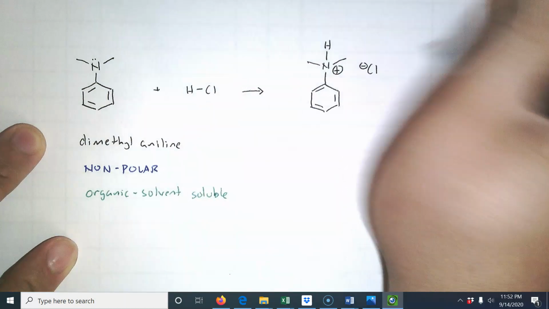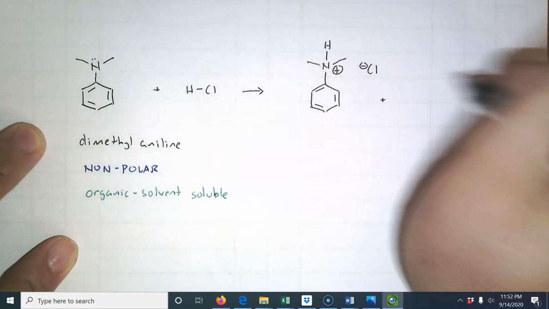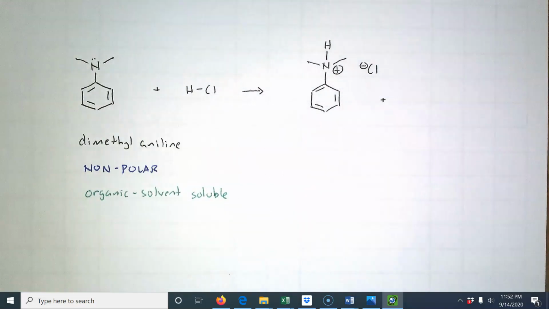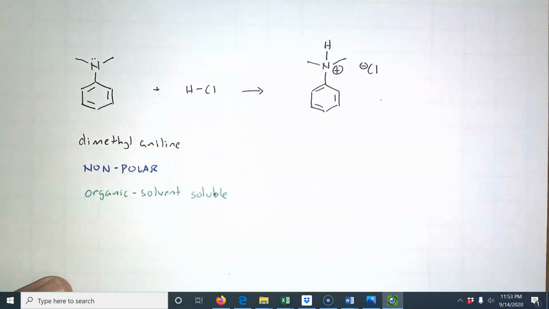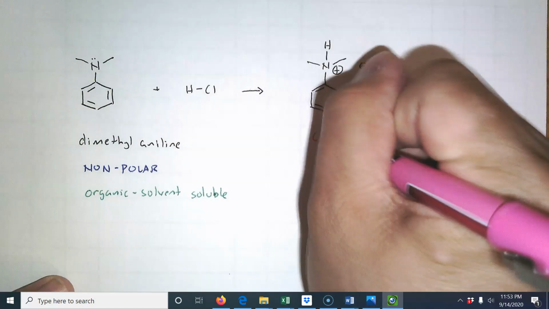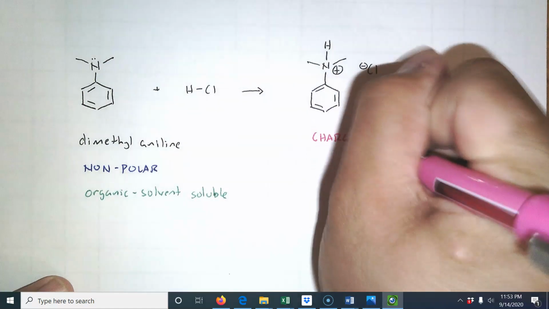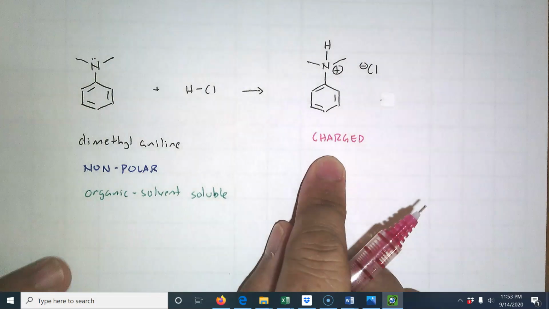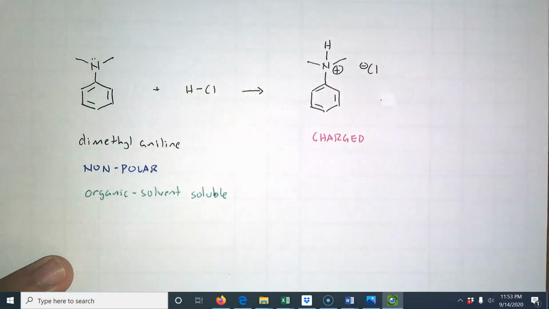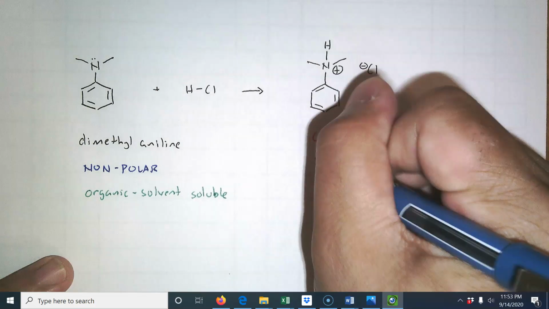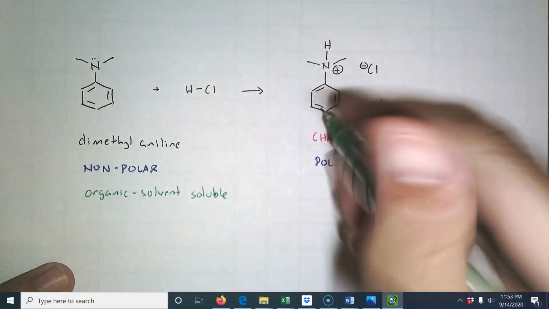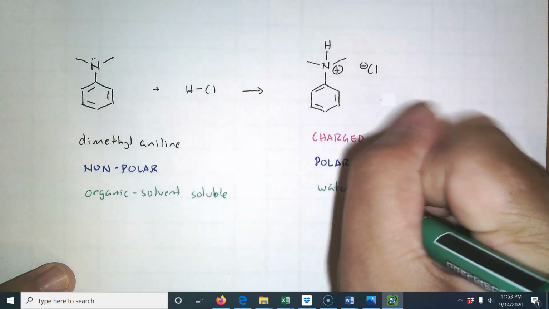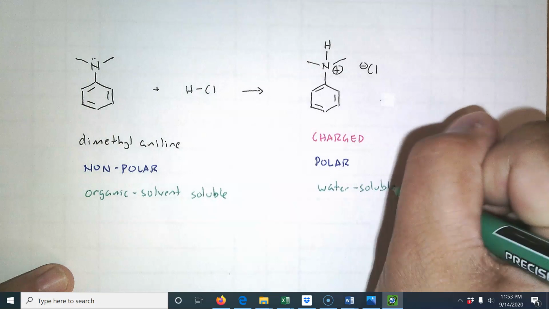Your Cl hangs out with the positive charge. Everything is together. But the big difference is that now this is charged. So this is polar, and like dissolves like, therefore this is water soluble now. Okay, water soluble.